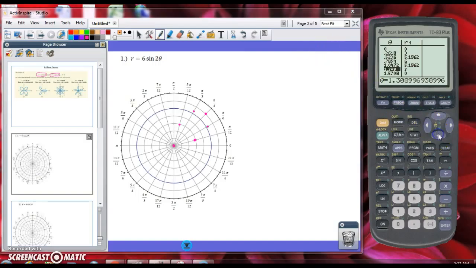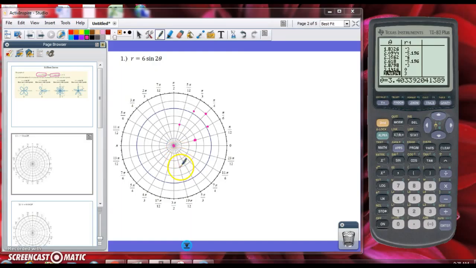If you then scroll down in your table, we can go ahead and get the next set of values. So at 7 pi over 12, because we're just going up by pi over 12 each time. Now if you look at all of these values, they're all negative, so it's actually flipping them over the pole. So we're actually going to be filling in these values down here next. Okay, so at 7 pi over 12, I'd be at -3.